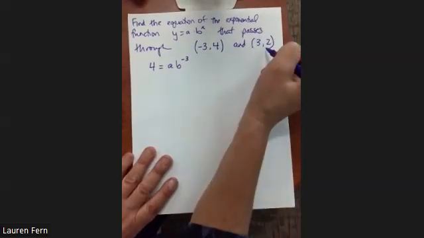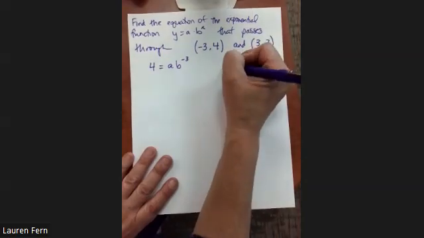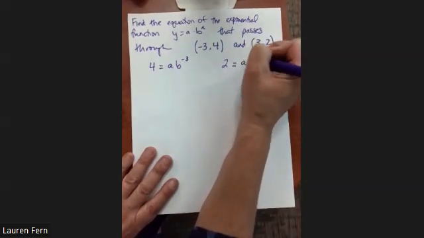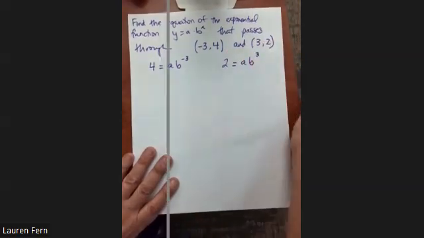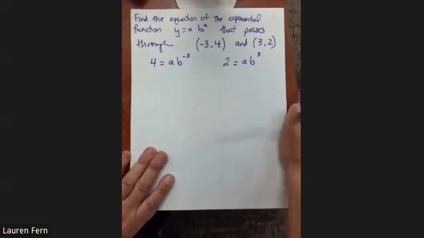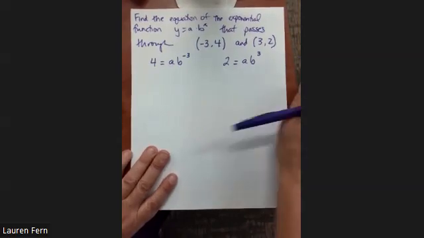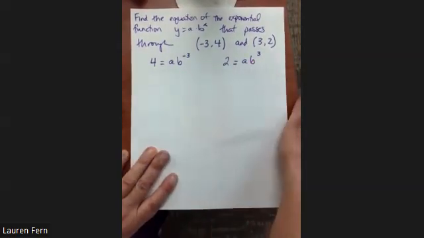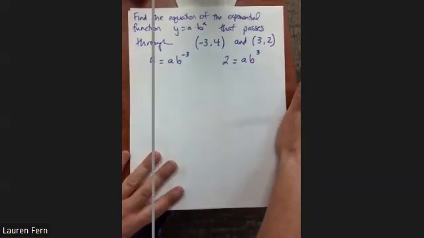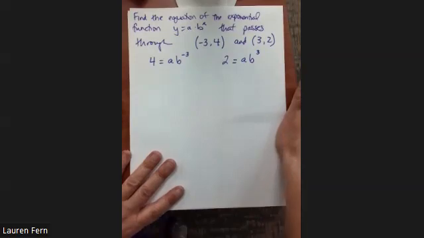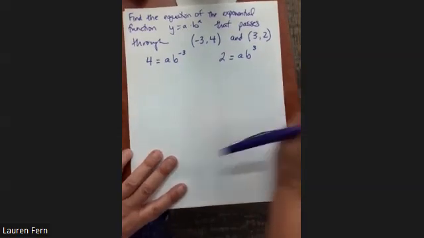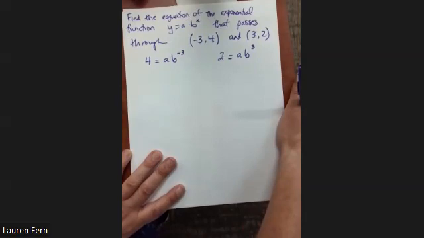And if I plug in this ordered pair for X and Y, don't I have 2 is equal to A times B cubed? I first want you to think about how we plugged in these ordered pairs. I want to make sure you're cool plugging in the X, Y values. Do you all see how we did that? Okay, awesome. Well, we're kind of left with, what do we do from here?